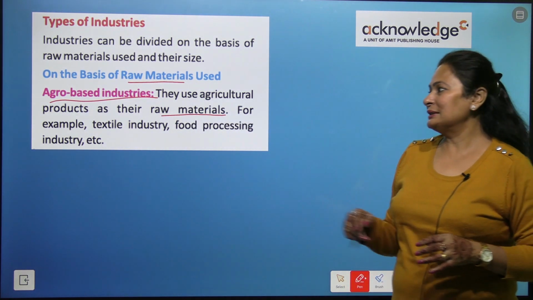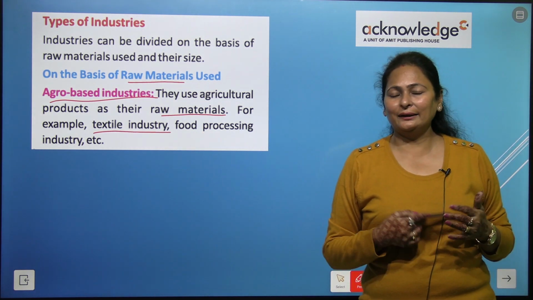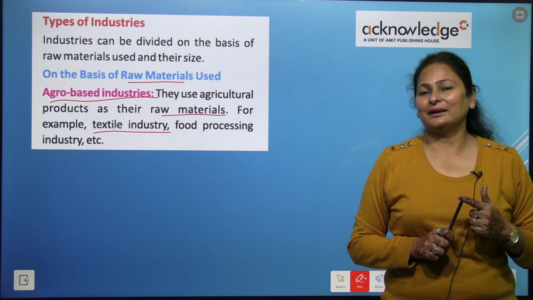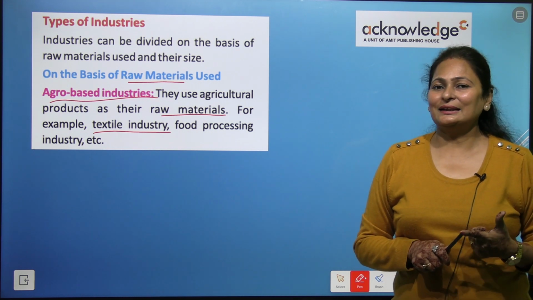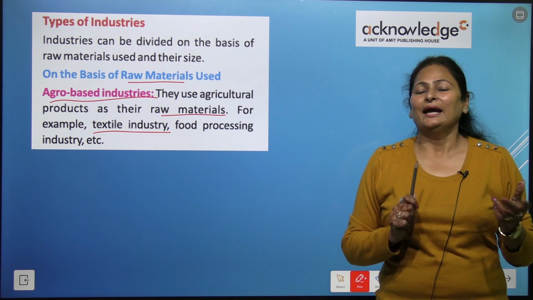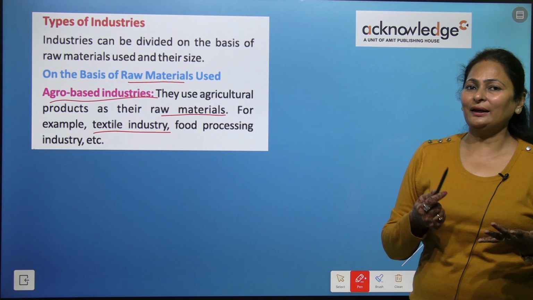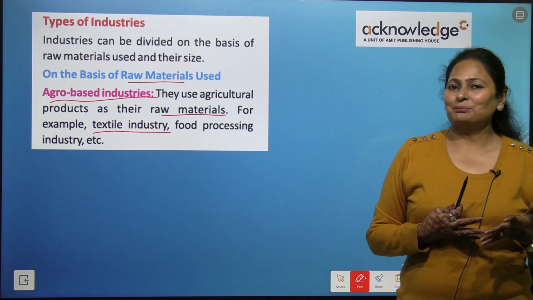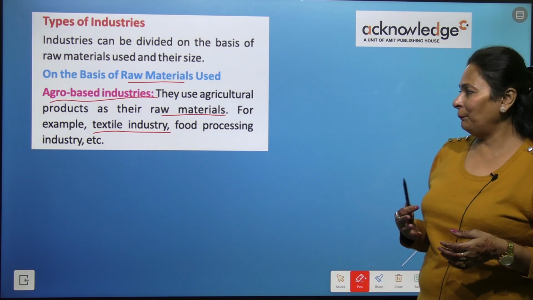For example, the textile industry. Now how does the textile industry need agriculture material? The textile industry needs cotton. So cotton is an agriculture material, right? We grow cotton in the fields, and this cotton is brought to the industry, and then cotton thread and cotton material is made, and with this cotton the clothes are made.